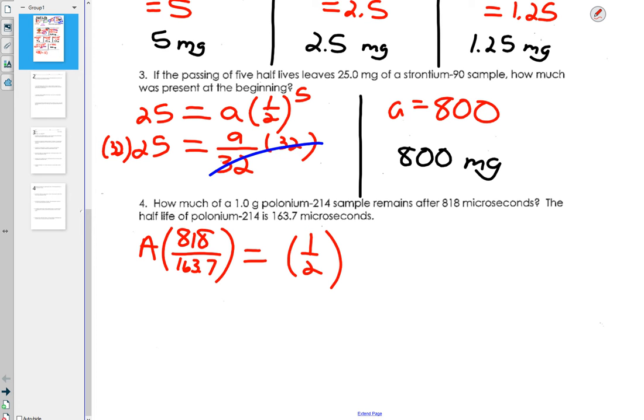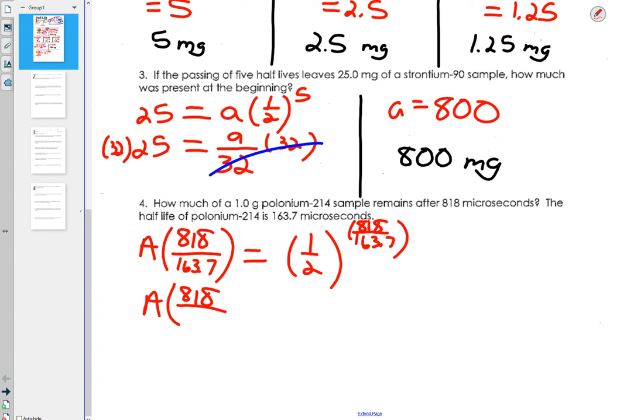And that's gonna be to the power of whatever 818 divided by 163.7. Does that work out evenly, or is that gonna give you a decimal? You have to round. All right, well then just put it all in the calculator at once.